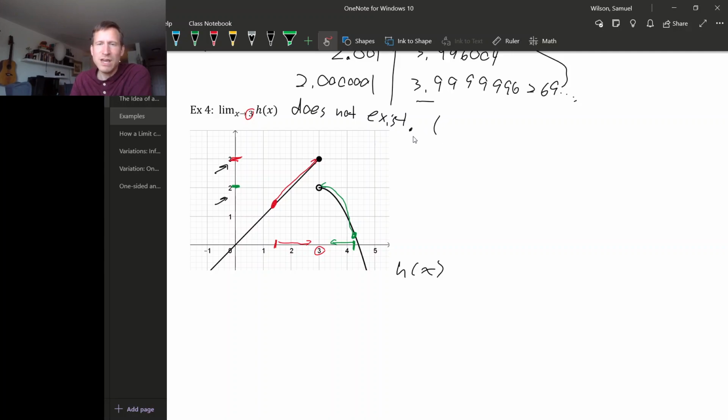Okay, so if we have a limit that doesn't exist, we can write DNE for short, just because does not exist has too many letters in it. But this shows us that our idea of a limit isn't something that will always exist, right? The problem with this particular function was that there's this jump here, right? So coming at it from the two sides gave us two different values.